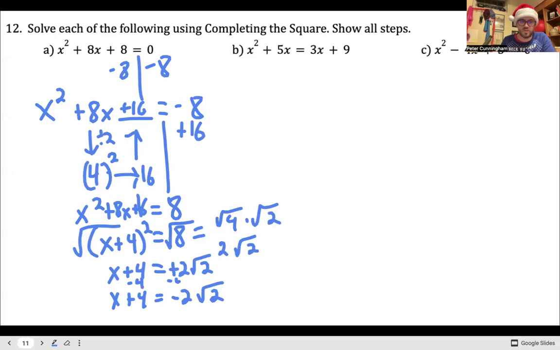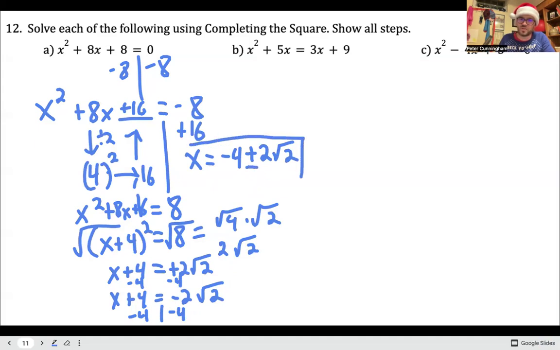So I write them both because I want to think, okay, I find one solution. The middle of my parabola is going to be -4. Take 4 away from both sides. And now my answer here, I have the middle of my parabola being -4. And one of my solutions will be 2 root 2 to the right of that middle of the parabola. And the other one will be to the left. So that's why I'll add my subtraction sign there.